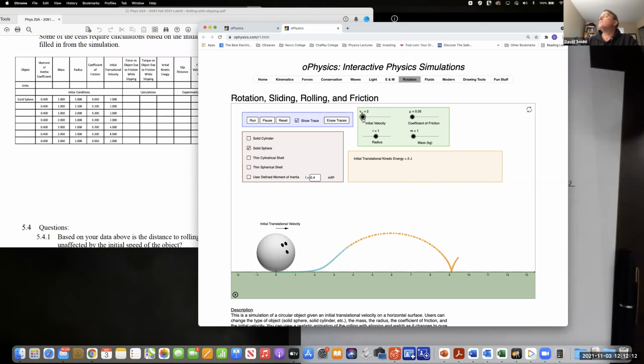Erase traces. Okay, so this is the first one. Force on object, mu mg. That's the force on the object due to friction. Torque, mu mg times radius. Force times radius.